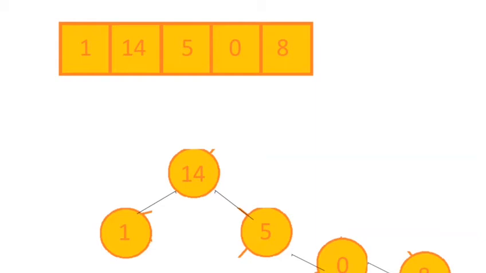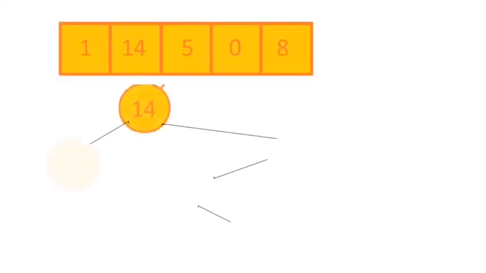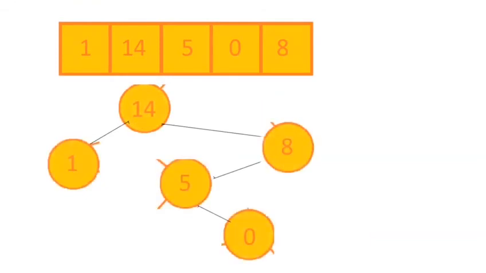So 8 should change its position until it reaches a node which has a bigger value than its own. So 8 should actually replace its position with 5, because 8 is greater than 0, and also 8 is greater than 5. And in doing so, we will end up creating this sort of structure, and this is what a Cartesian tree should actually look like.